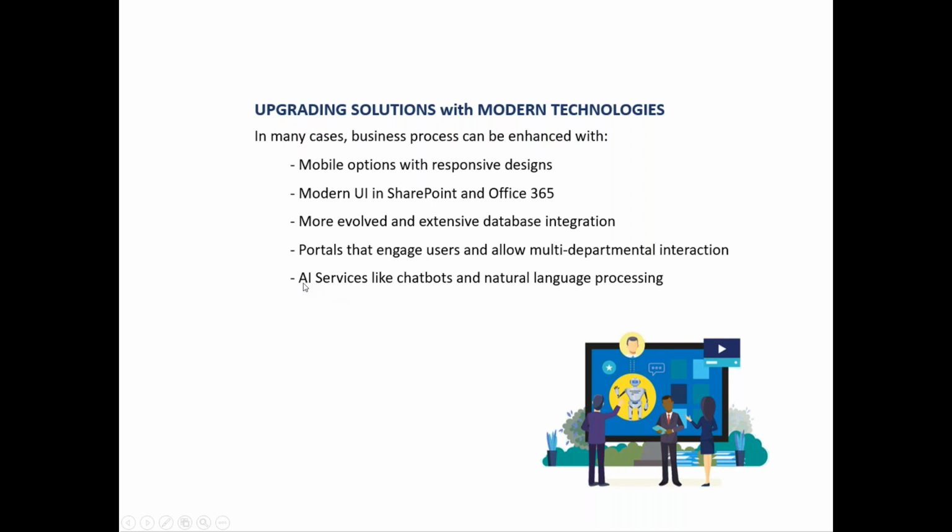And one area we're especially going into, finding a lot of growing interest, is the chatbots and AI services that we provide that are just not possible with InfoPath at all. Therefore, with our NITRO Studio and our NITRO bots, you just leave InfoPath in the dust. There's no point in even staying on it.